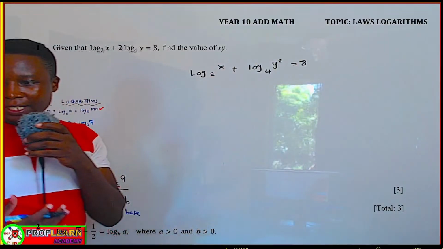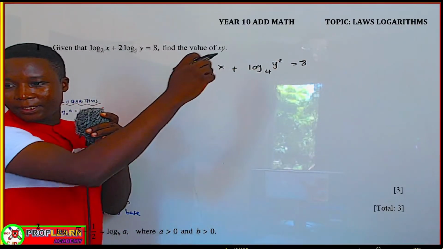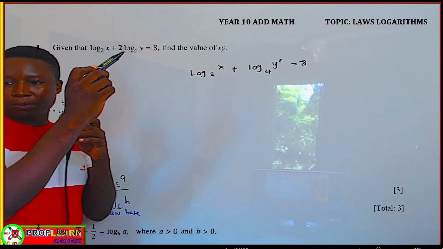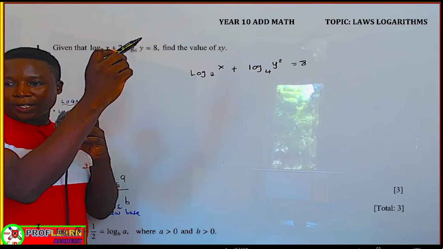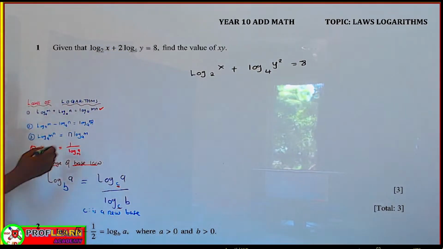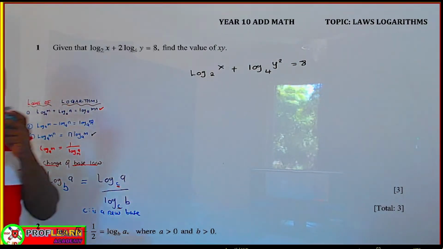What we have just done is take this number that was behind the log and put it on top of y. Remember this law that we learned: if you can take the number n behind the log, you can also take it above as the power.